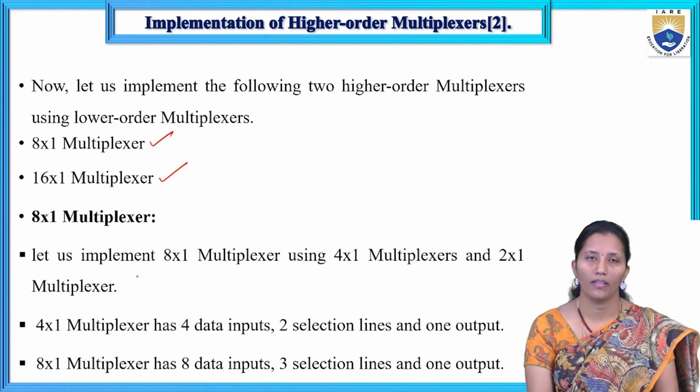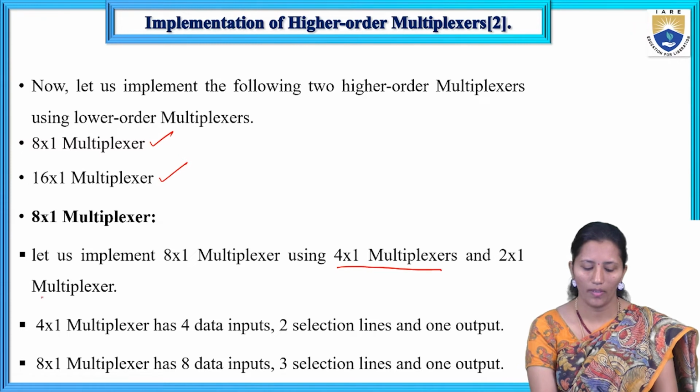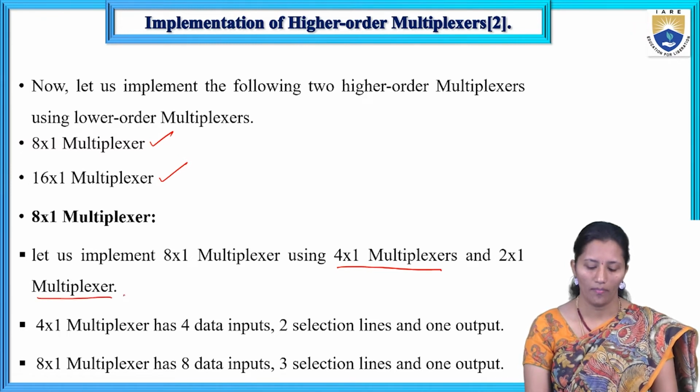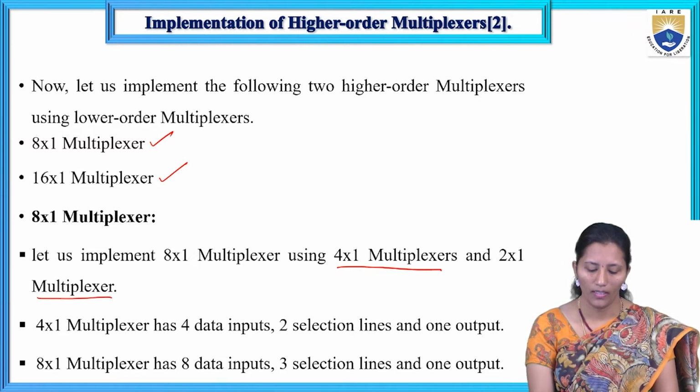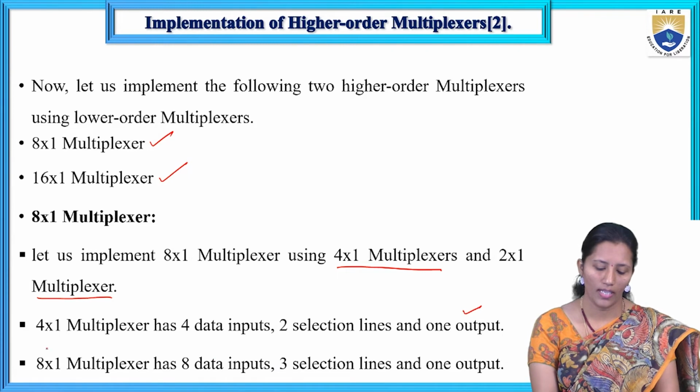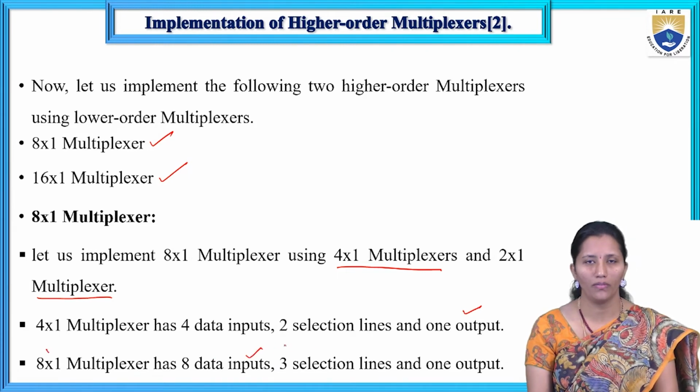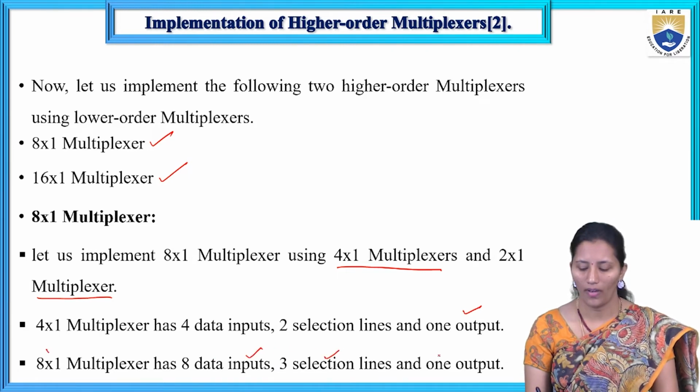We have to implement the 8x1 multiplexer using 4x1 and 2x1 multiplexers. The 4x1 multiplexer has 4 input lines, 2 selection lines and 1 output, whereas the 8x1 multiplexer has 8 inputs, 3 selection lines and 1 output.